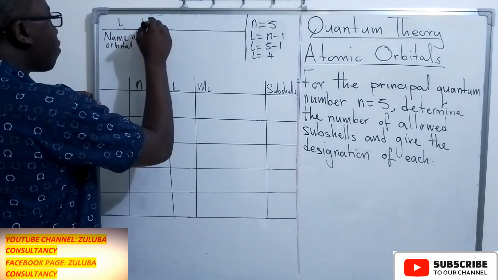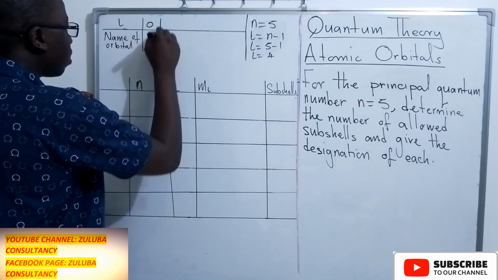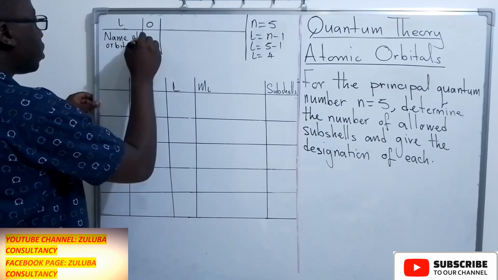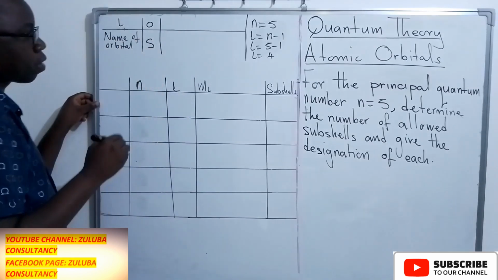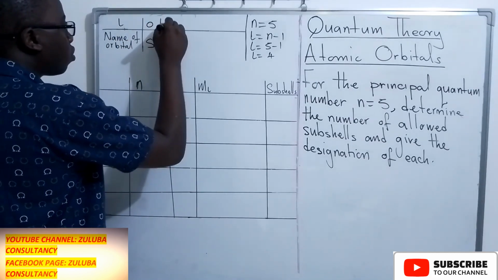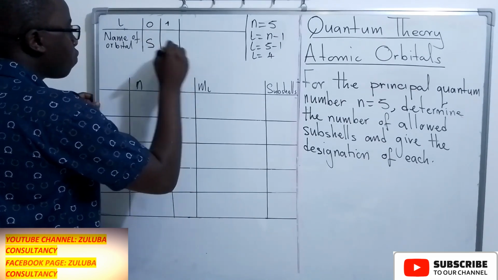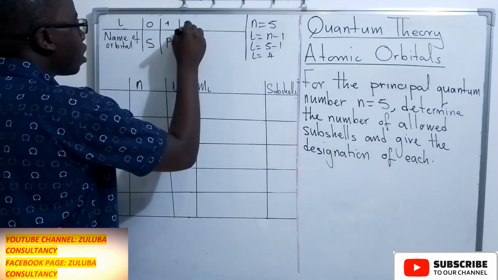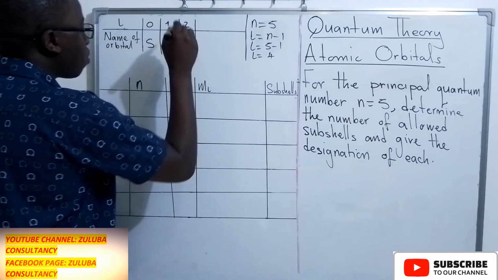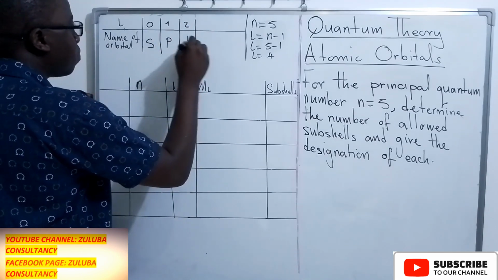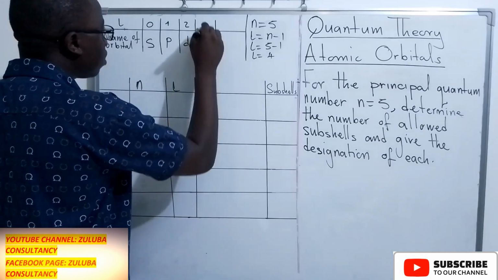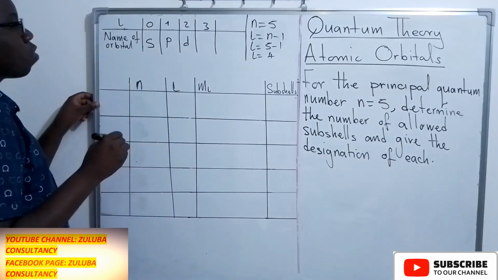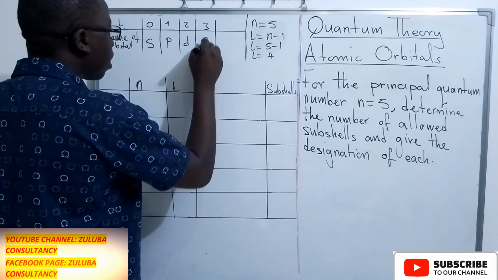Now, if L is equal to 0, the name of this orbital is the s orbital. When L is equal to 1, the orbital is called a p orbital. When L is 2, it is called a d orbital. When L is 3, it is called the f orbital.